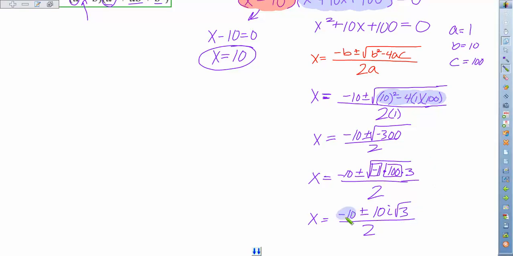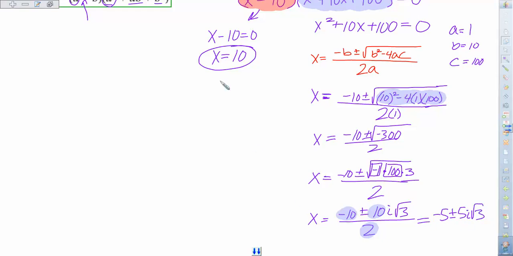Next move, reducing that fraction. Bing, bang, boom. I can reduce that fraction. And so now I'd have negative 10 divided by 2, which would give us negative 5 plus minus 5i times the square root of 3.